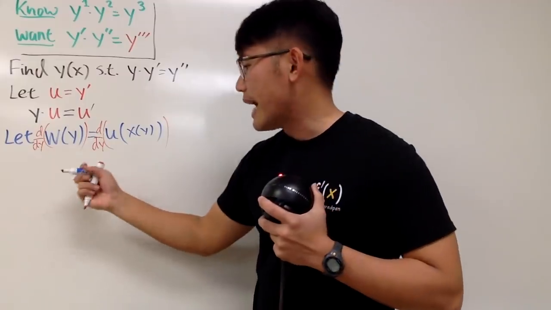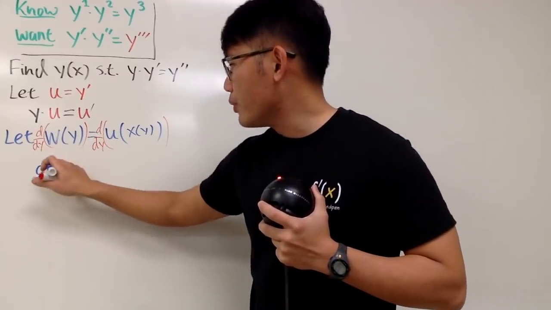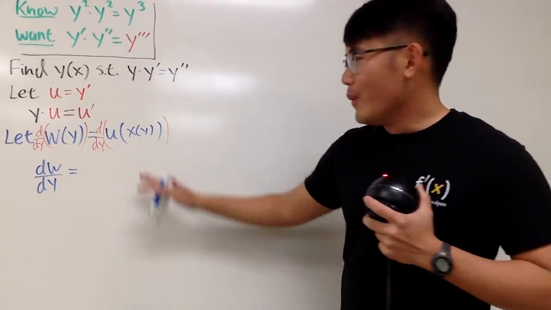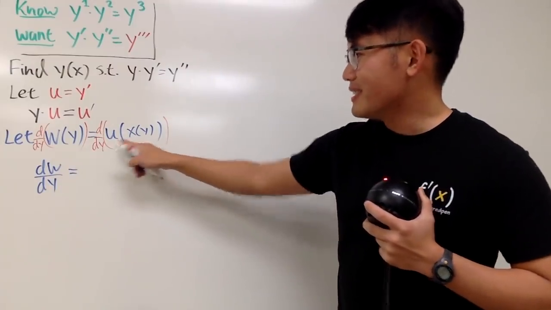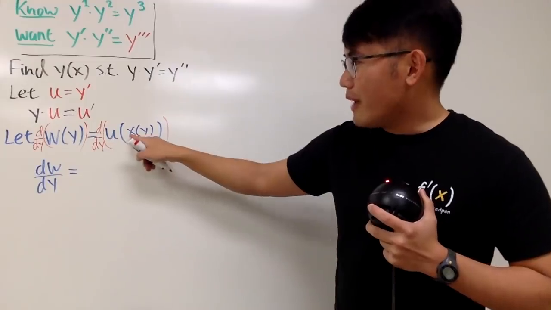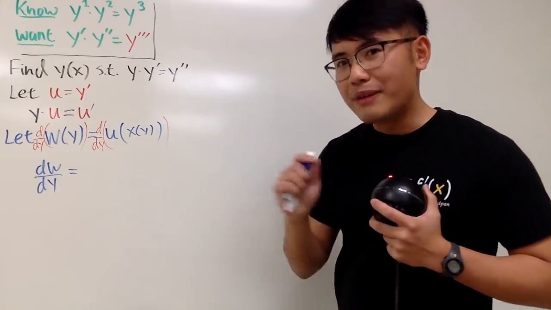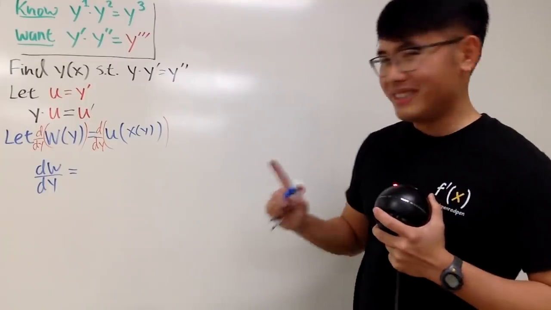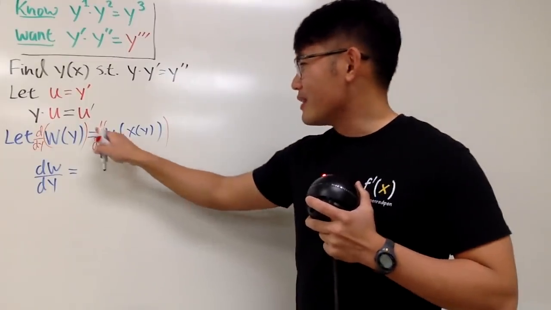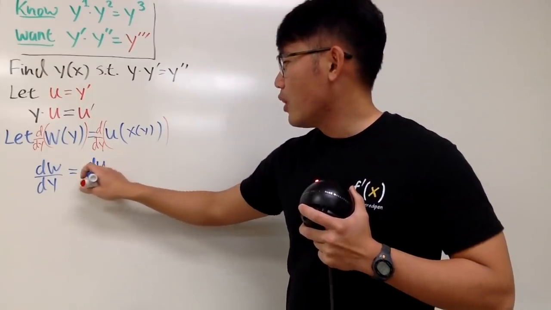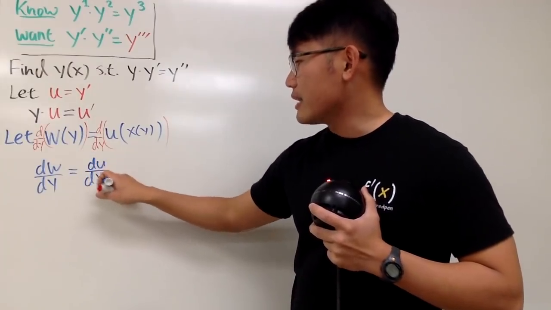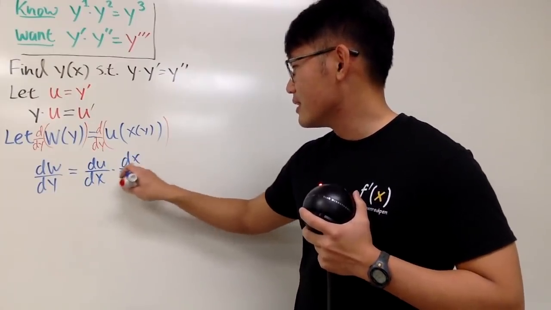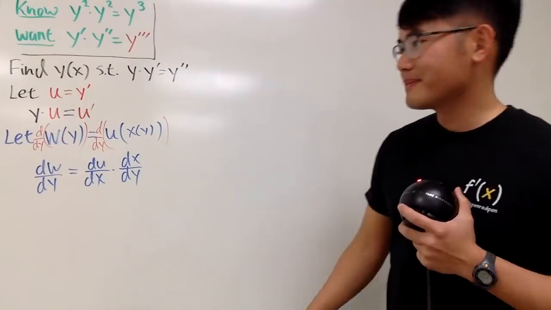Therefore, on the left-hand side, we end up with dw/dy. Well, for this right here, look at this. You have u of x of y, so you have to use the chain rule. Use the chain rule! And the best chain rule is going to be the following. I'm going to put on du over dx first, and then times dx/dy, like that.